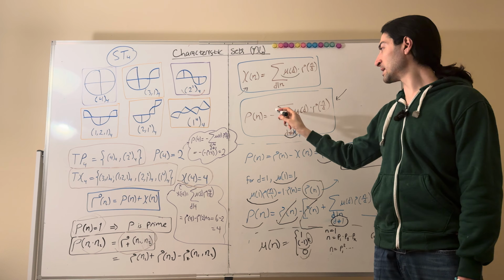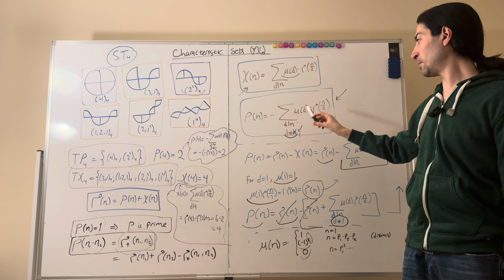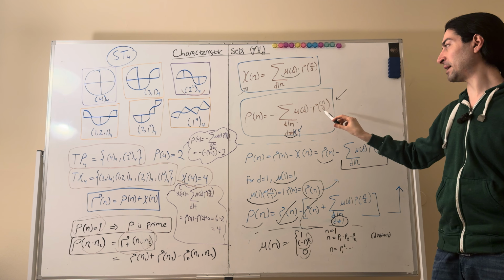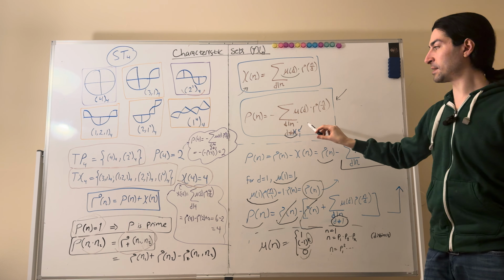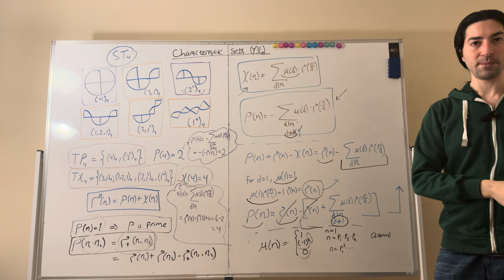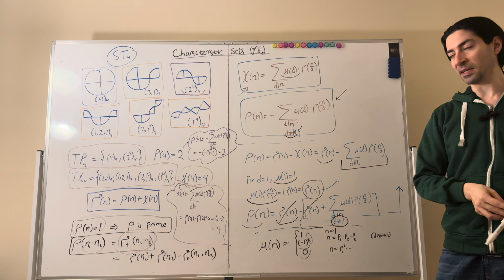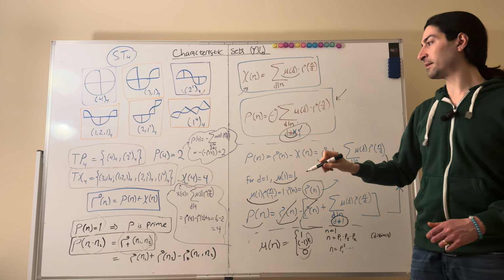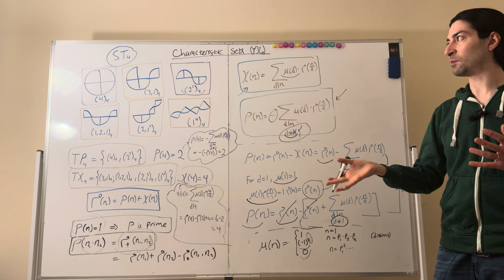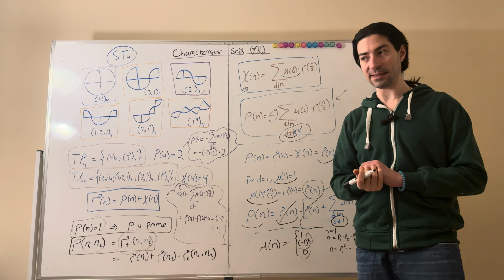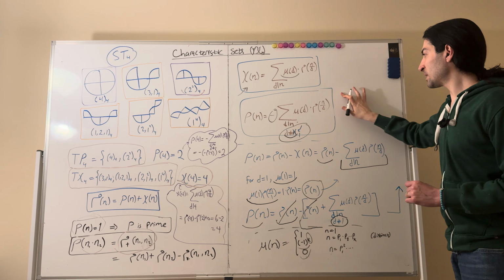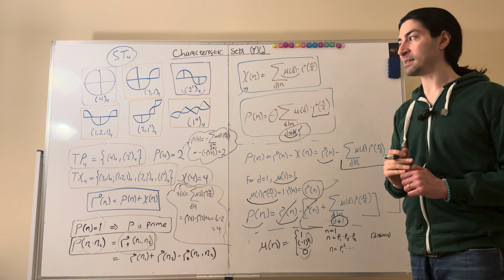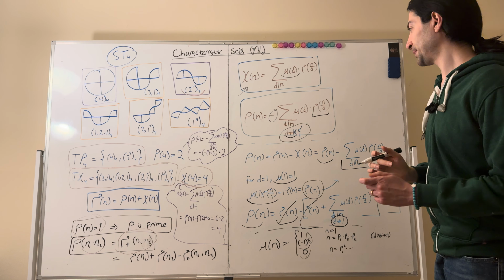Rho of n equals negative the sum of the Möbius of d times Mem of n over d for all divisors of n except 1. So this is very interesting. We made a very small change to the formula, and we're going to end up with the two sets, the reducible set and the characteristic set. And here we're starting to see that the Mem function really has a depth into number theory.